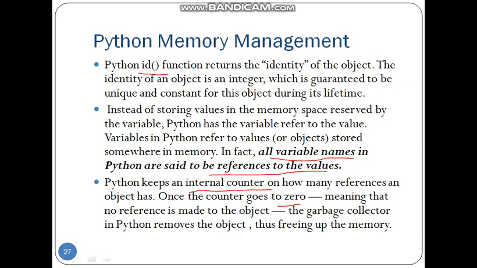Then a garbage collector is there. Such a program removes the unwanted objects from the memory, so that memory space is free and can be used for other values. So minimum memory is utilized in the case of Python.